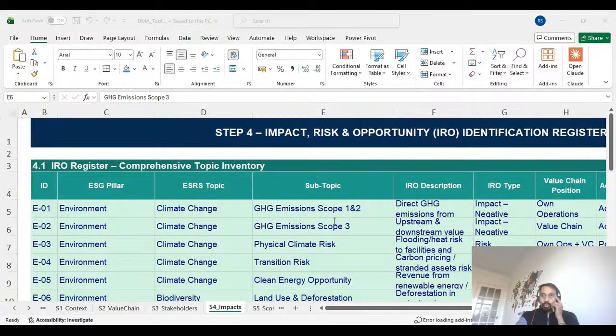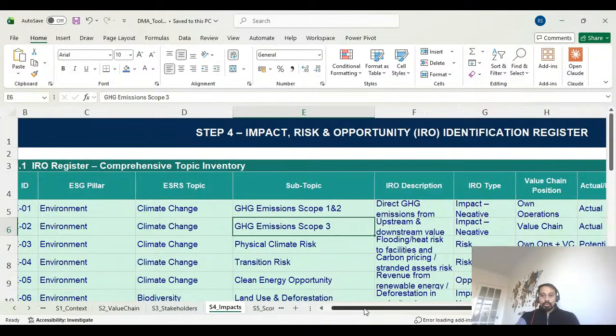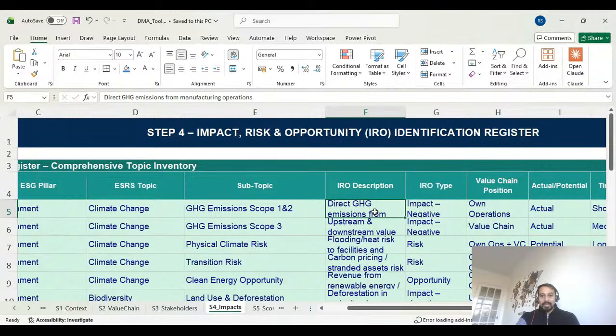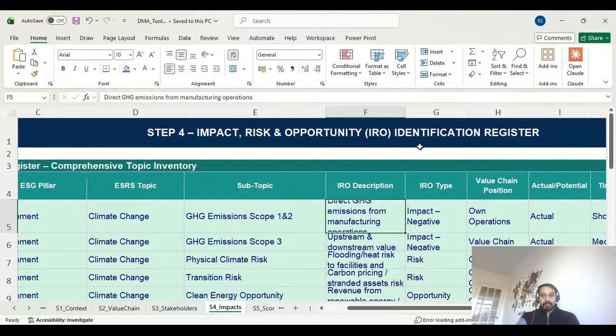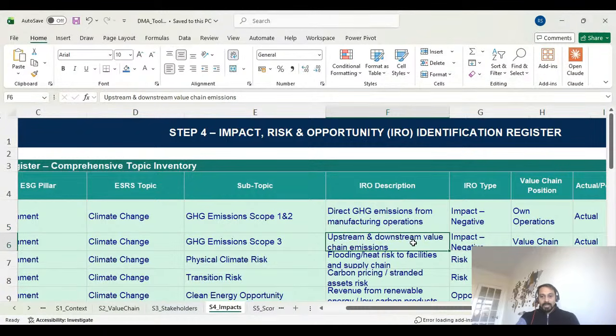These first two are very important to calculate for every type of small, medium, or large enterprise. The IRO description will be the direct GHG emissions from the manufacturing operations, and scope 3 will be the overall upstream and downstream value chain emissions.